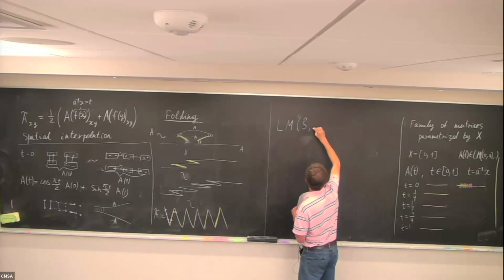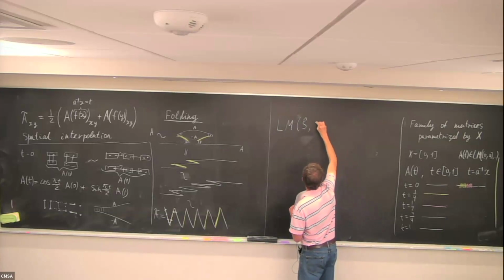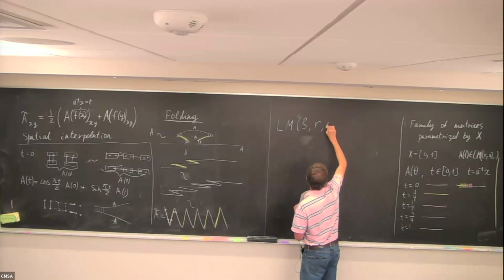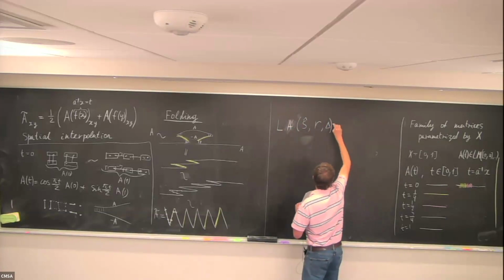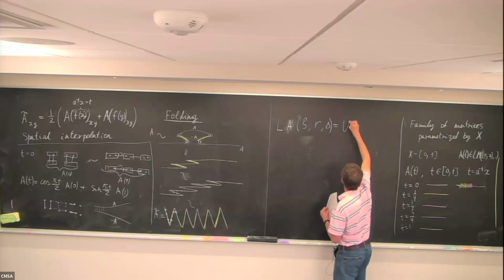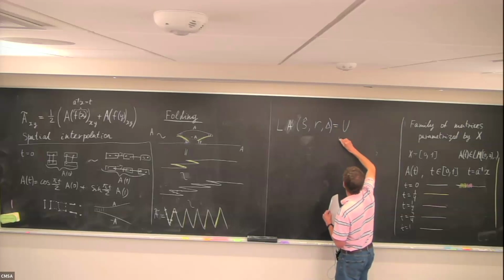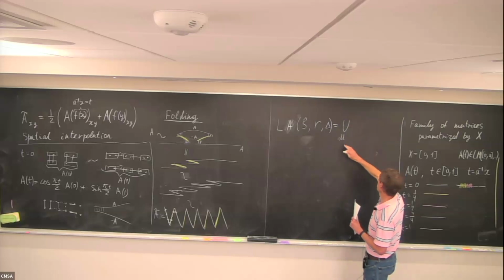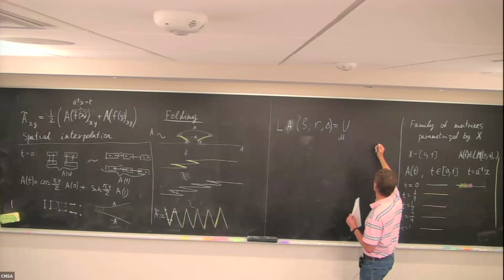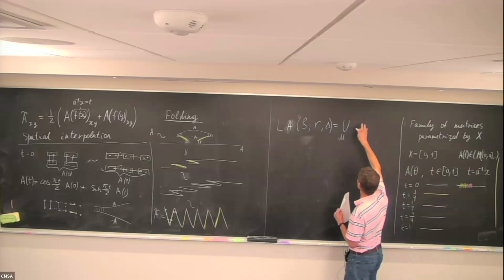We fix M, the locality radius R, and delta, and these are intersymmetric matrices. These are the union over all M's, which are embedded into one another. It's basically a direct limit.